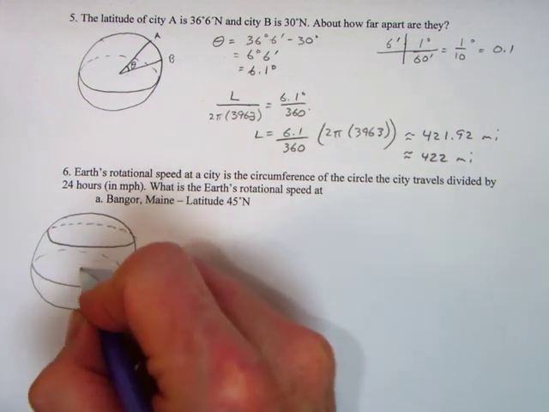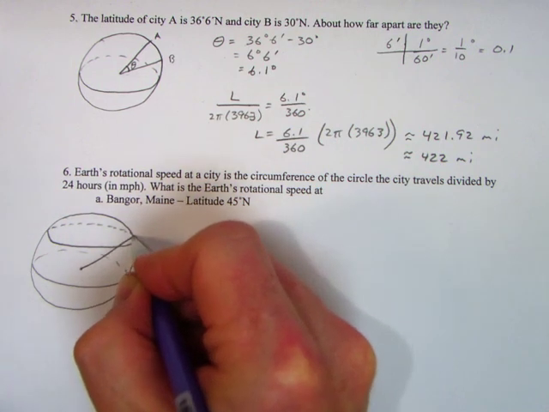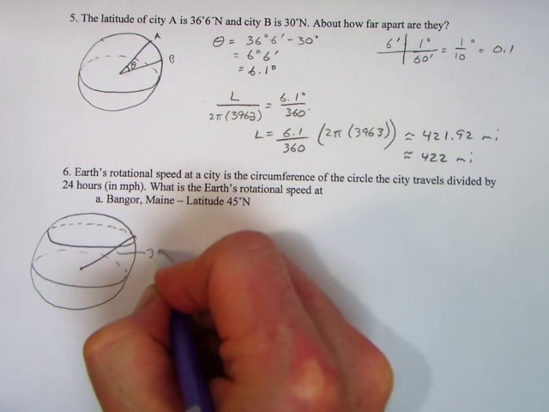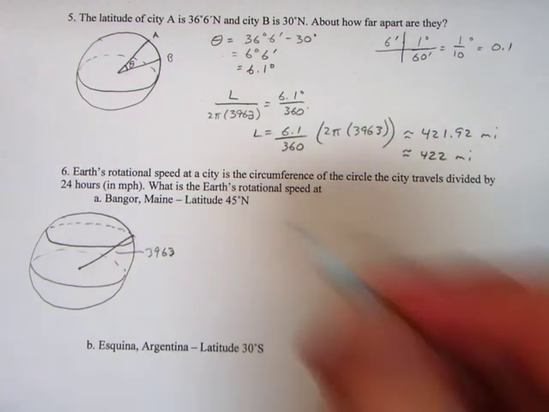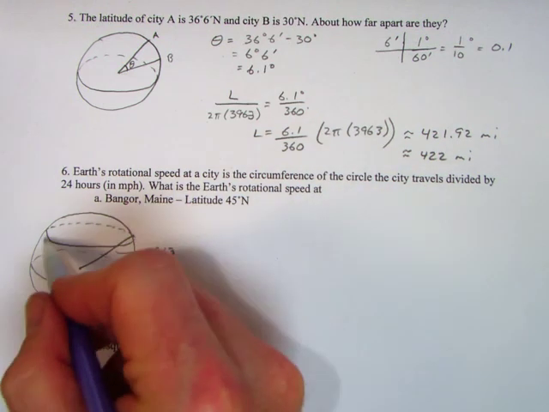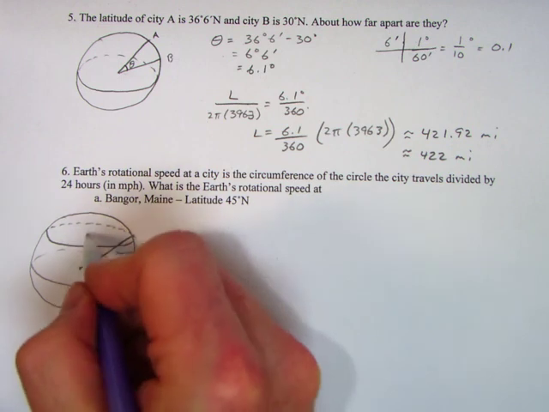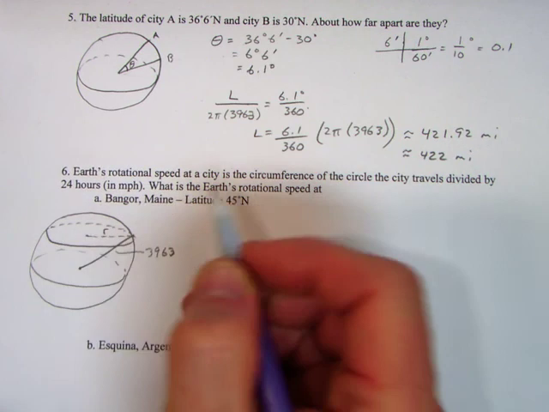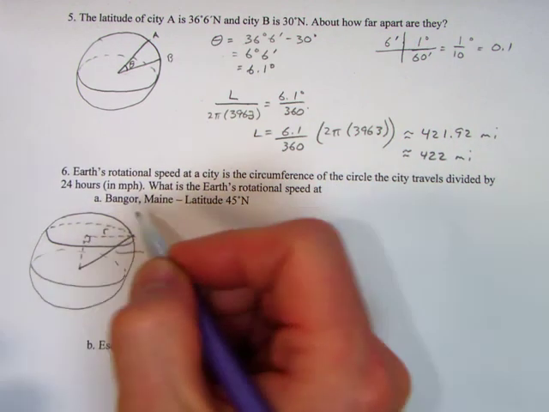Now I know that the distance from the center to that point is going to be 3963. That's the radius of the Earth approximately. And what do I want to find? In order to find the amount of travel here, that's basically the circumference of this circle. So I need to find R. And I can drop this down and I have a right angle there.